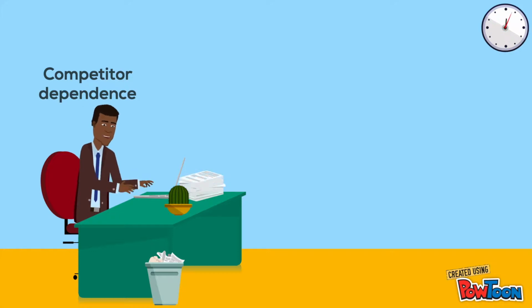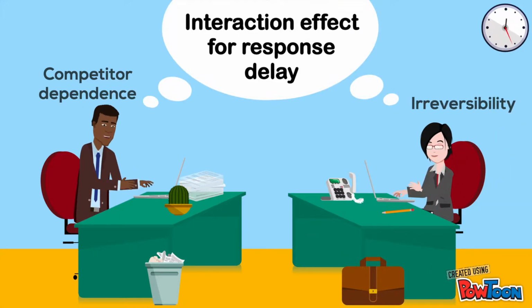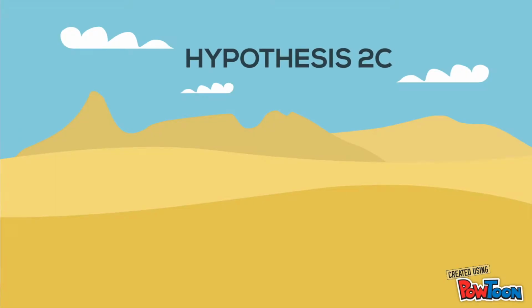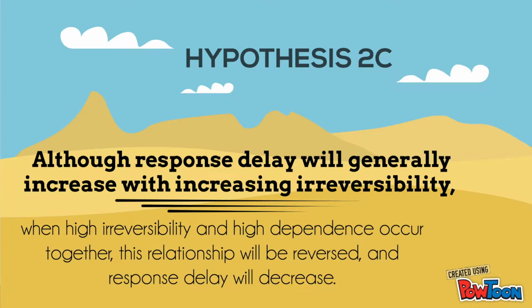Competitor dependence and irreversibility may also create an interaction effect for response delay, with the relationship between competitor dependence and response delay moderated by irreversibility. Hypothesis 2c. Although response delay will generally increase with increasing irreversibility, when high irreversibility and high dependence occur together, this relationship will be reversed, and response delay will decrease.